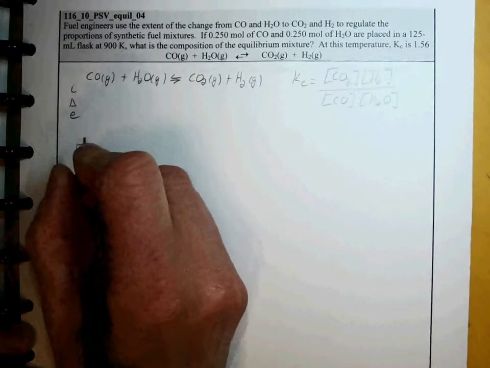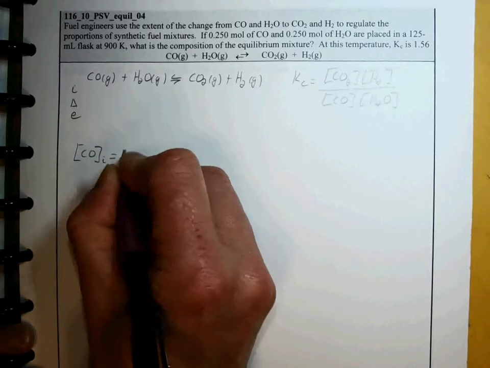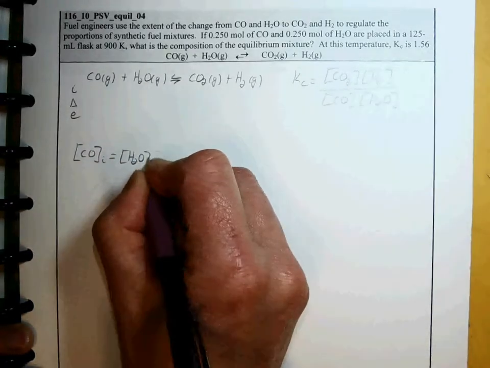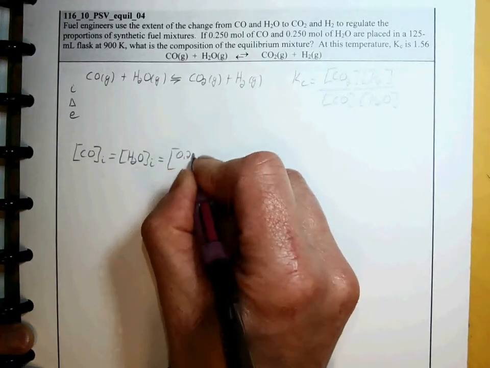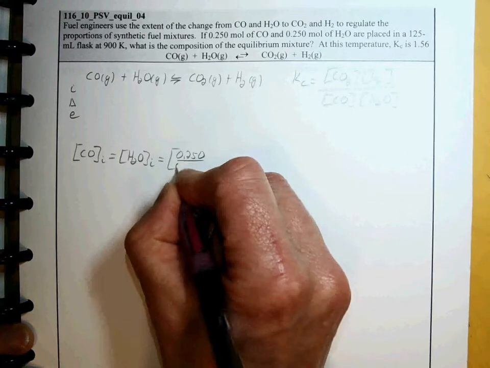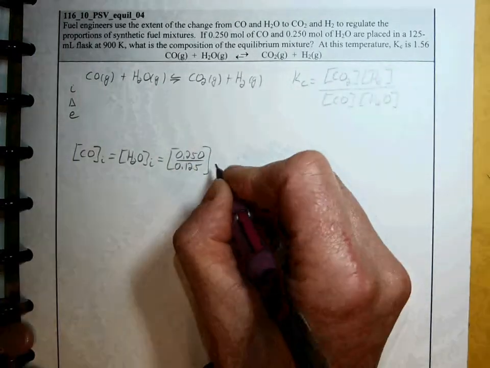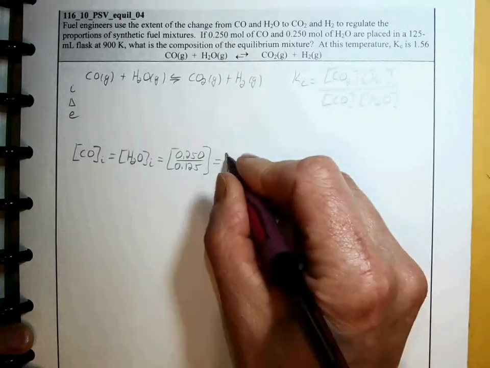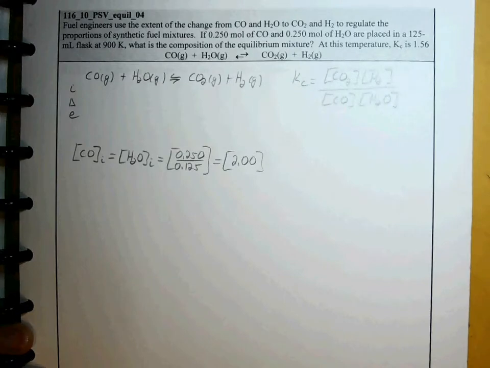So we have the same number of moles of each CO and H2O, and that is 0.250 moles in 125 milliliters. We convert that to liters so we can get our concentration in molarity.